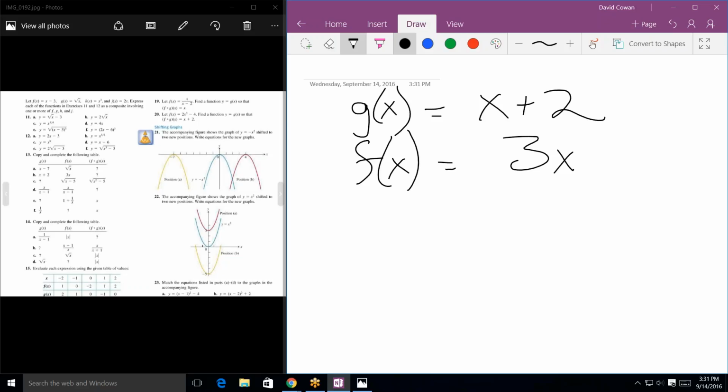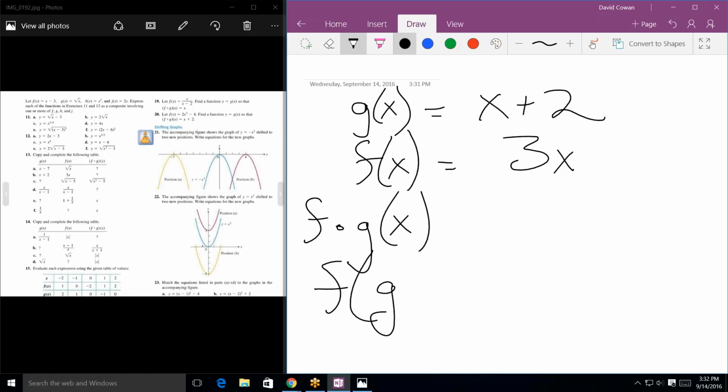So here they want to know f circle g of x, and what that means is f of g of x. What's the next thing I should write? So f of g, so it would be... What is g of x? Or g of f, yeah, g of f. What is g of x?